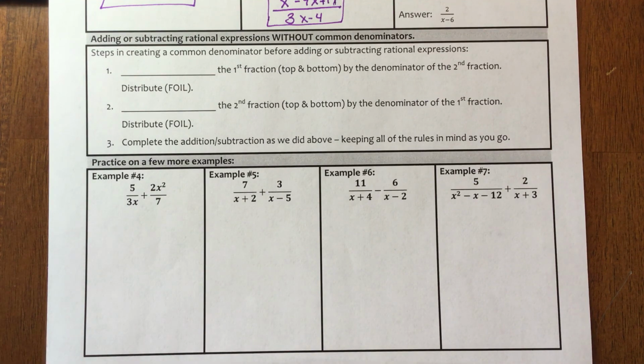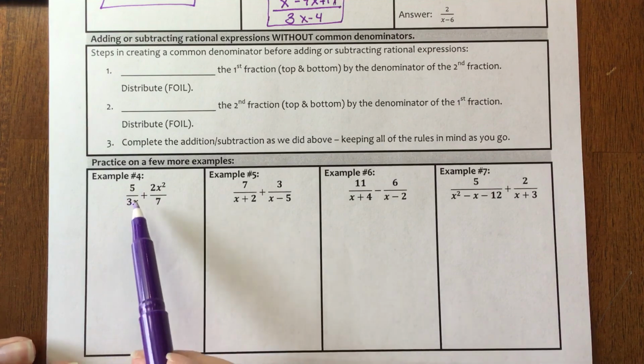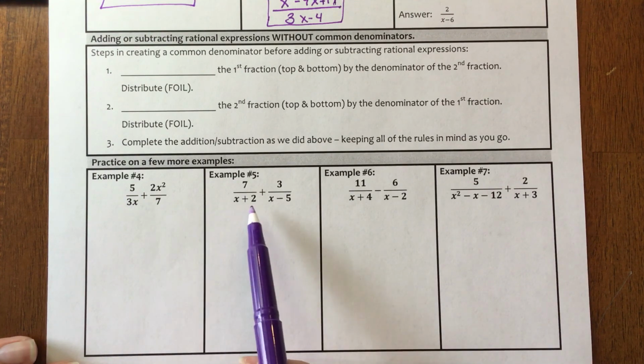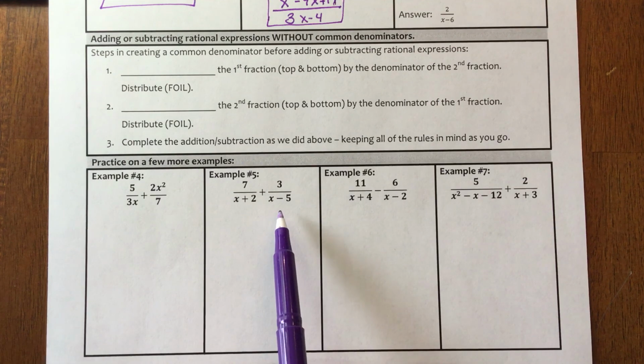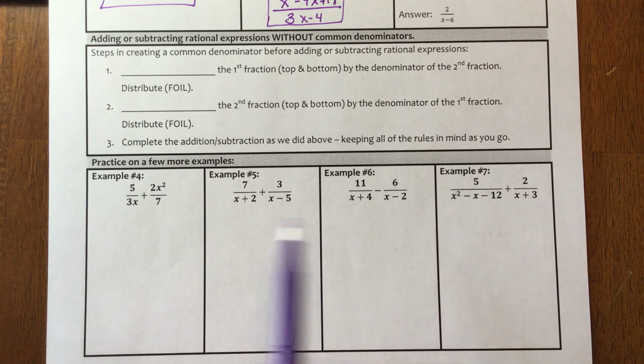So we know that we need common denominators, but take a look down here on example 4. 3x and 7 do not match. X plus 2 and x minus 5 do not match. So we can't go straight into adding across the tops or subtracting. So what can we do? We can make it so that the fractions have common denominators.